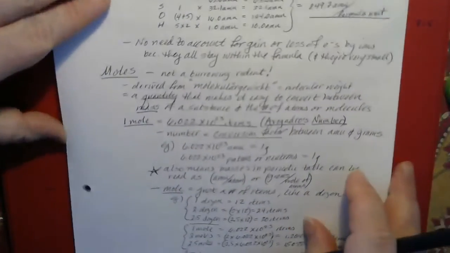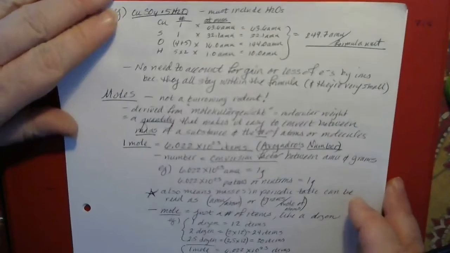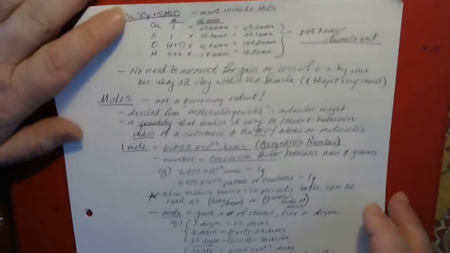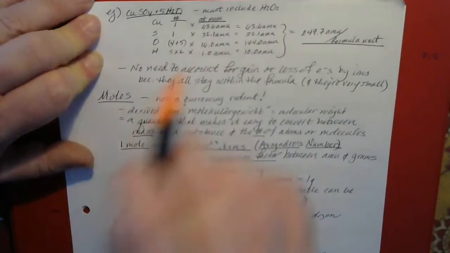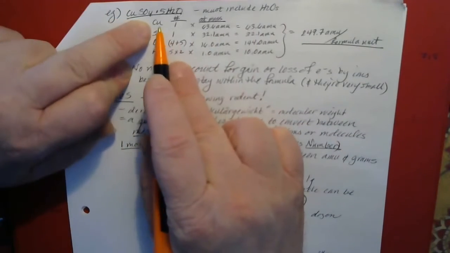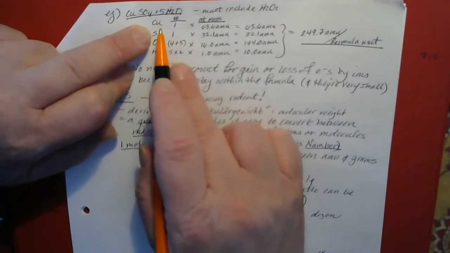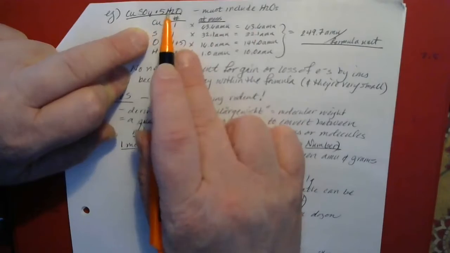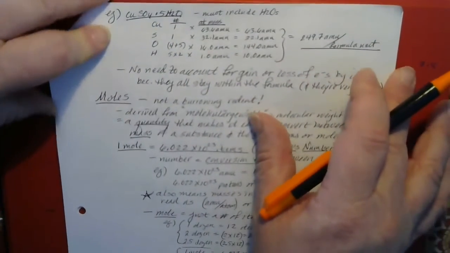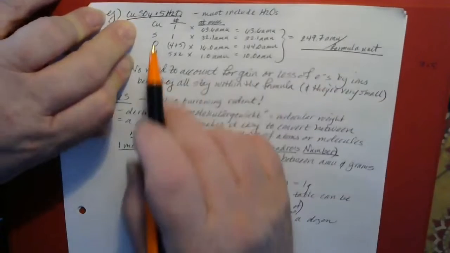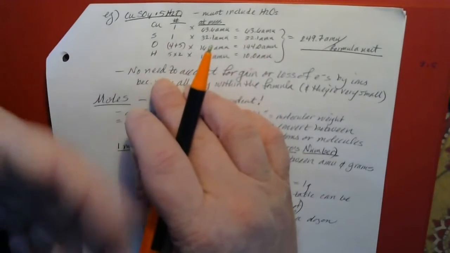It's also important, when you're dealing with compounds that have waters of hydration, to include the waters of hydration in the formula mass for the compound. So in CuSO4·5H2O, those H2Os are present and they are clinging to the matrix in which CuSO4 is found.